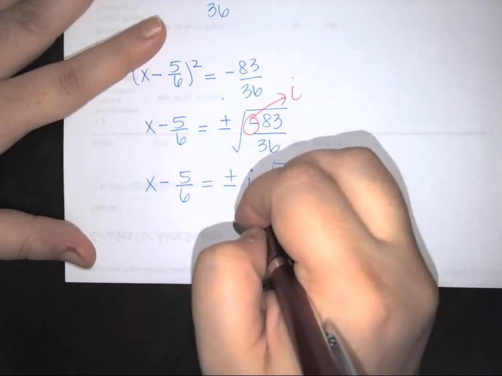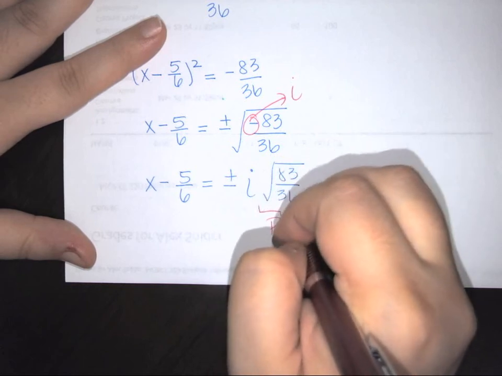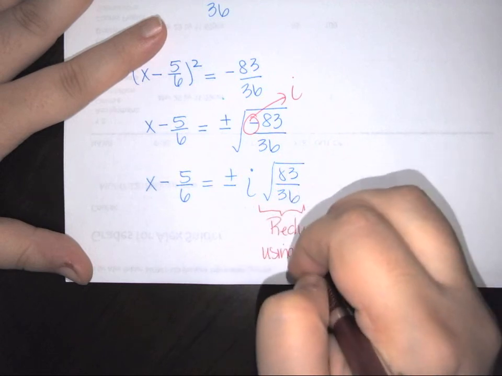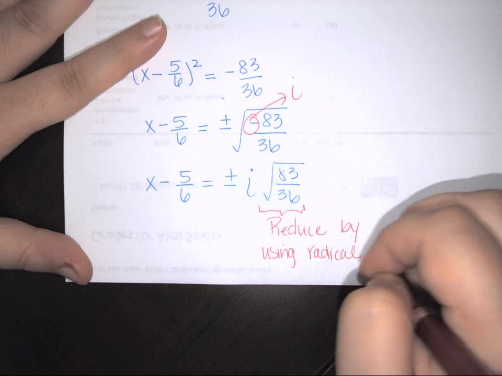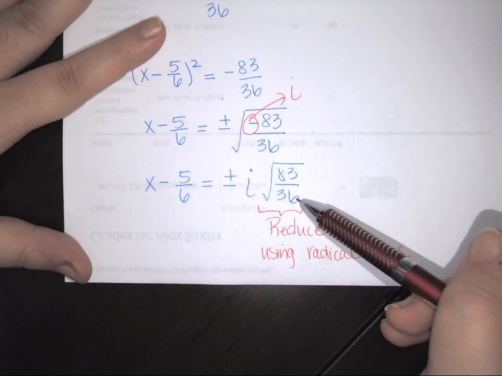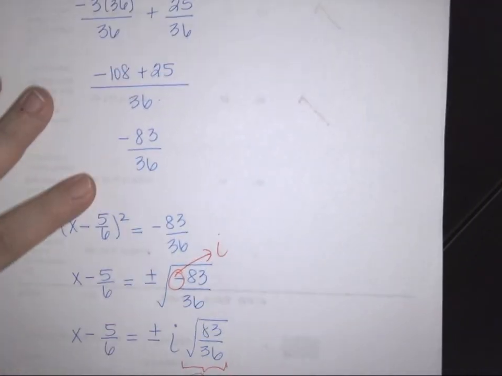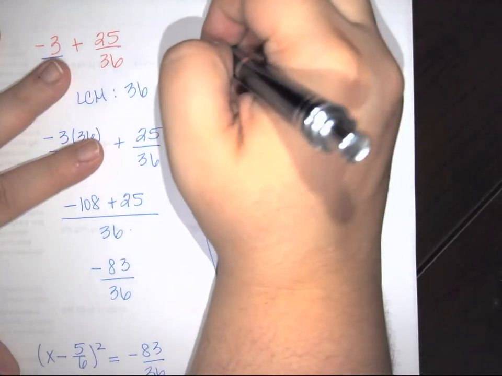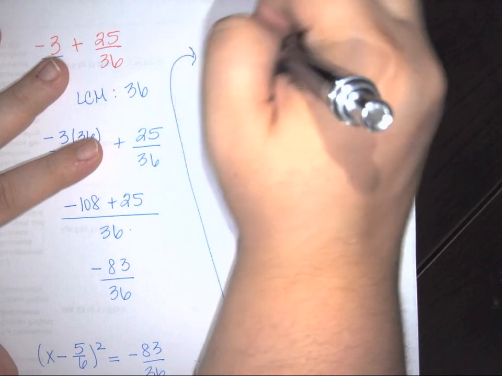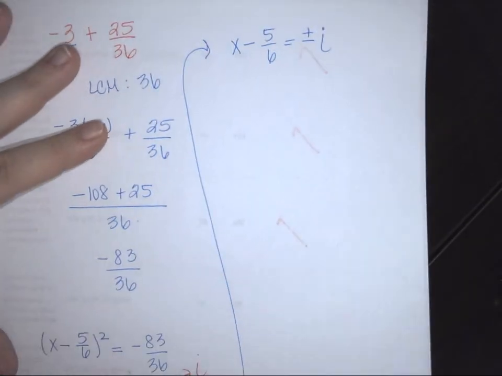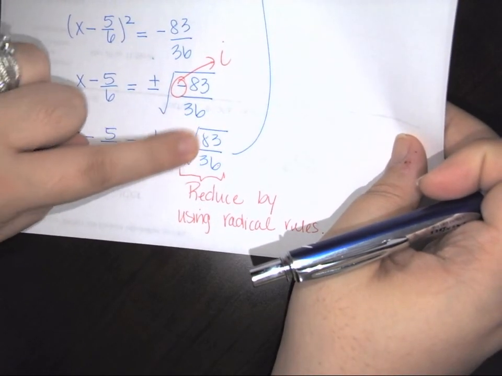I now have to reduce by using your radical rules. Those rules say in order to reduce this through division, I have to use the division rule. So x minus 5 over 6 is equal to plus or minus i, and the division rule says if it's together under one radical, it can be separated.